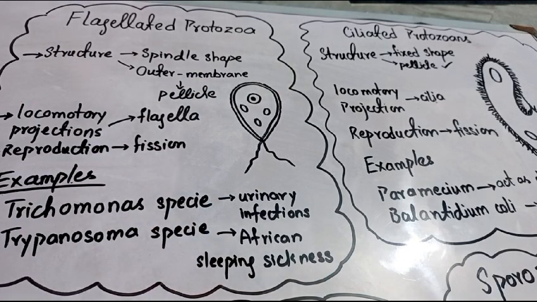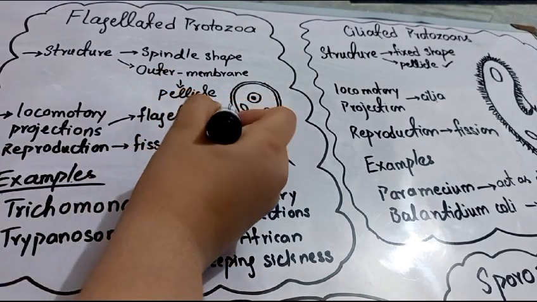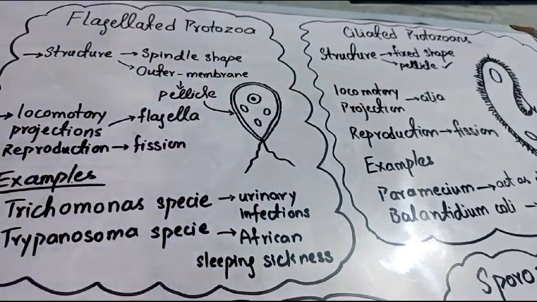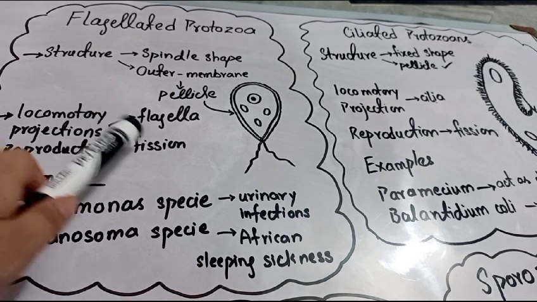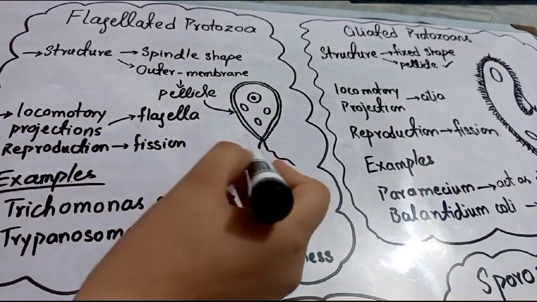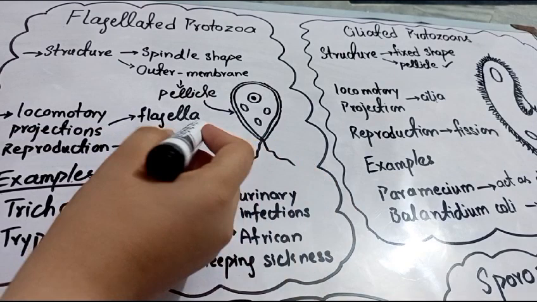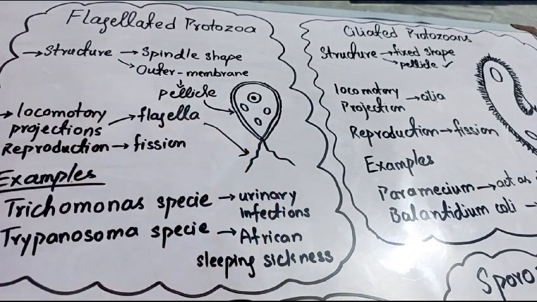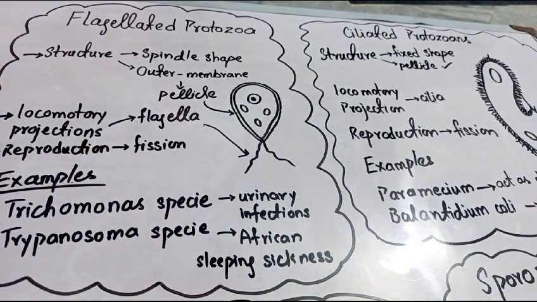This outer membrane will protect the protozoa in harsh or severe conditions. And if we discuss its locomotory projection, it is flagella, and two or more flagella can be present. As you can see here, the flagella will help in the locomotion of this protozoa.